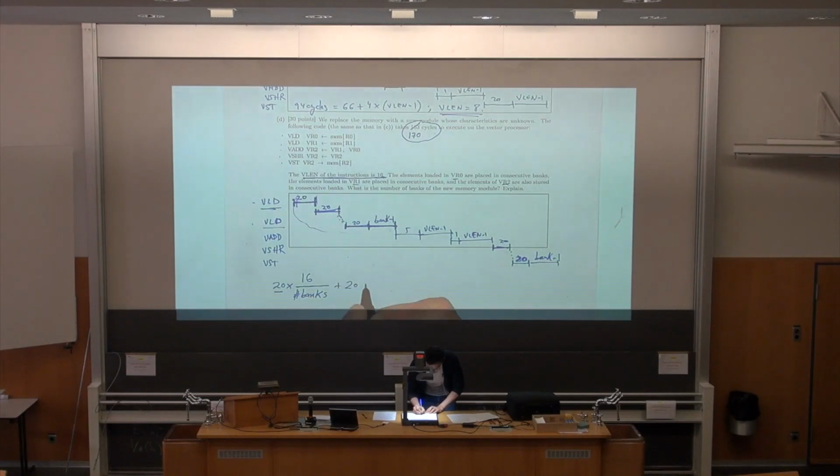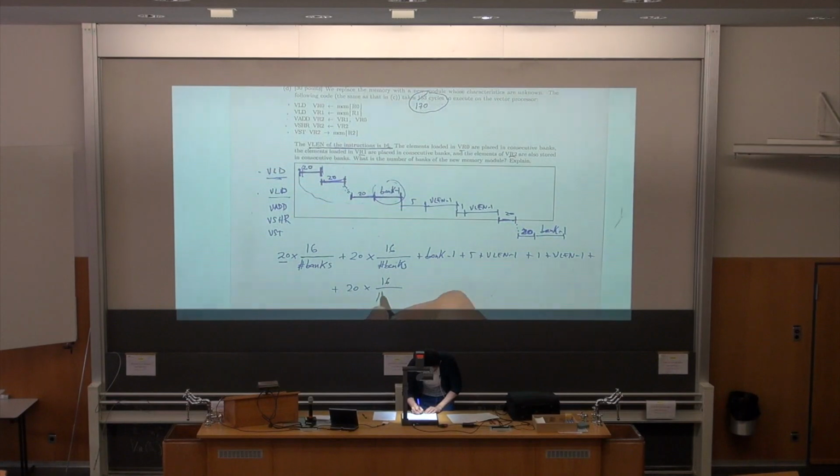For the second vector load, we have the same, 20 times 16 divided by the number of banks, plus banks minus 1, plus 5, plus VLEN minus 1, plus 1, plus VLEN minus 1, plus, for the store, 20 times 16 divided by the number of banks, plus the number of banks minus 1.